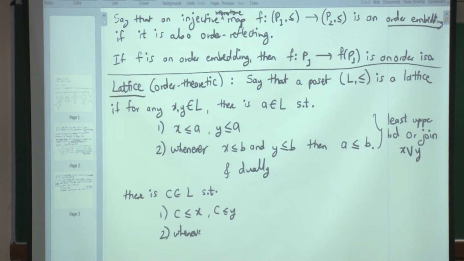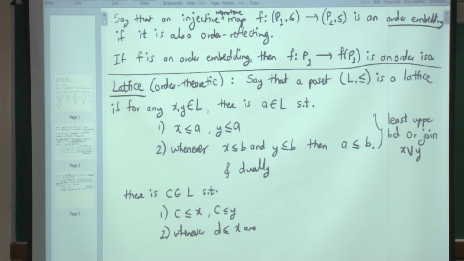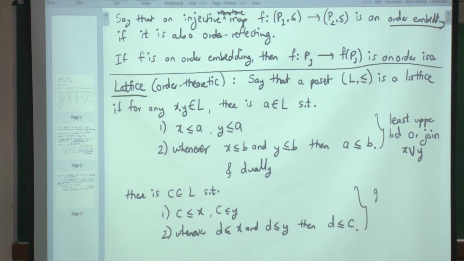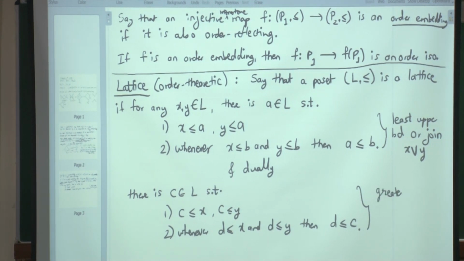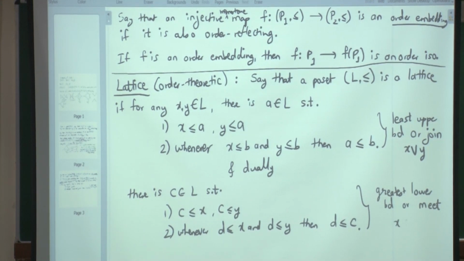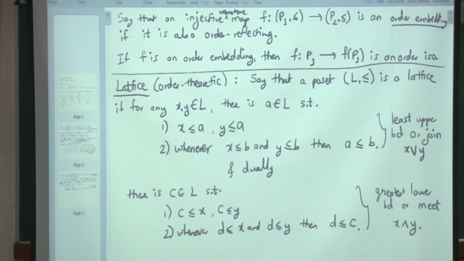Whenever D is less equal X and D is less equal Y, then D is less equal C. Okay, so this is called the greatest lower bound, GLB, or meet. And what do we denote it by? X meet Y.